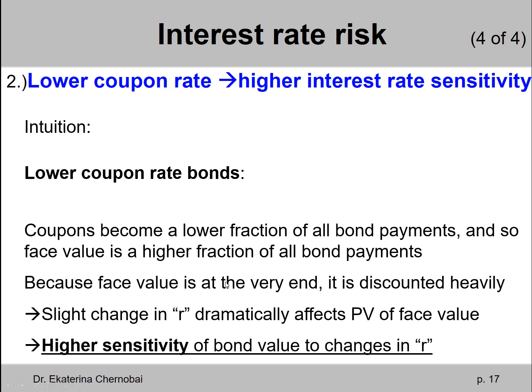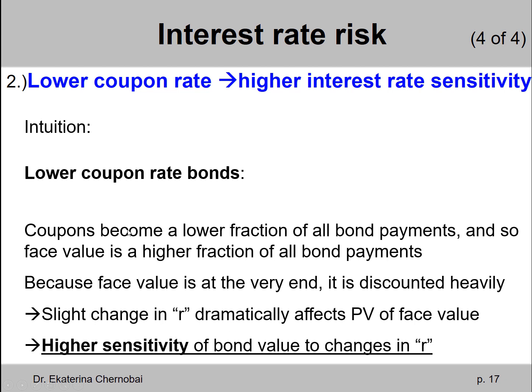And then the rest of the intuition is just like on the previous slides where we looked at the effect of the time to maturity. So because the face value is at the very end, it's discounted very heavily. And so since it's a huge fraction of all bond payments between now and maturity, any slight change in the interest rate dramatically affects the present value of the face value, which in turn plays a huge role in determining the bond value, right?